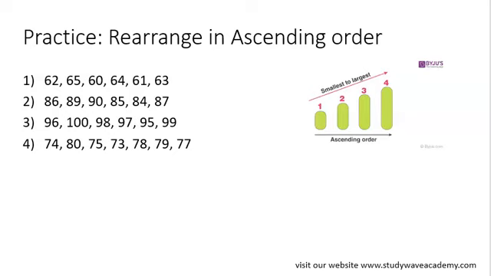We have 96, 100, 98, 97, 95, 99. You pick from the smallest to the biggest. Okay, I hope we can do that. Very good. Okay, we move over to the next one. We have 74, we have 80, 75, 73, 78, 79, and 77.